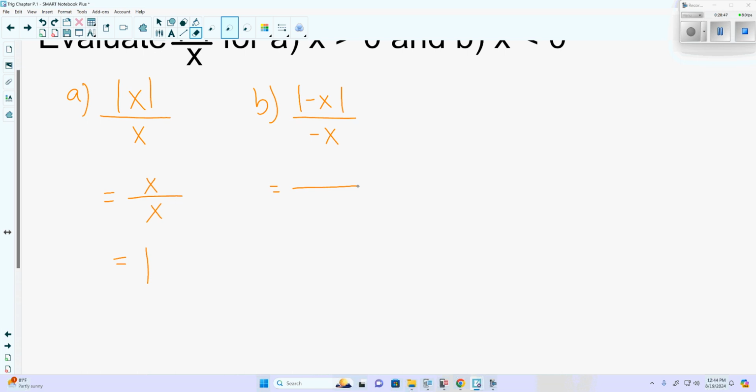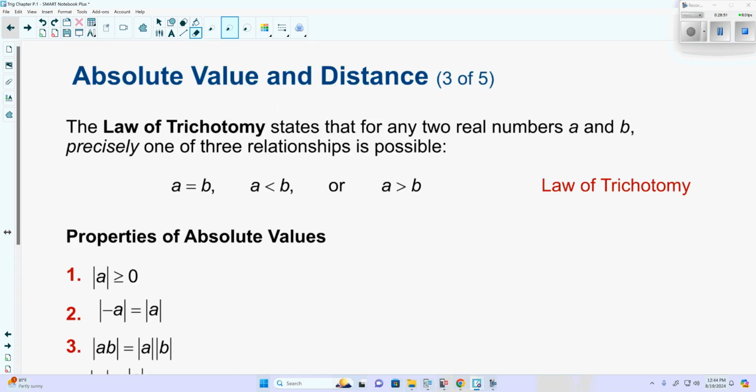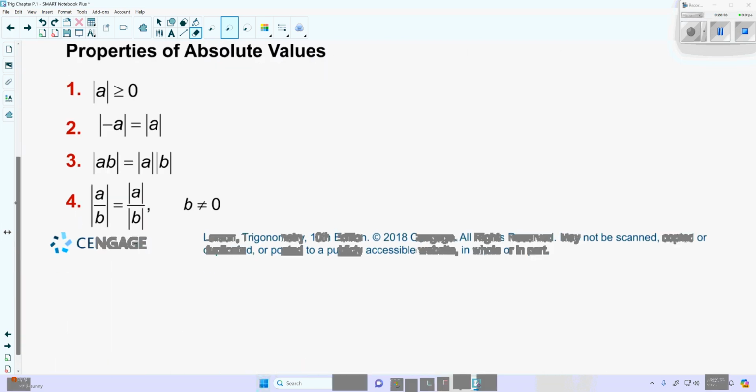There's different ways we can go about explaining it. One is from the first property, that the absolute value of A is equal to this here.